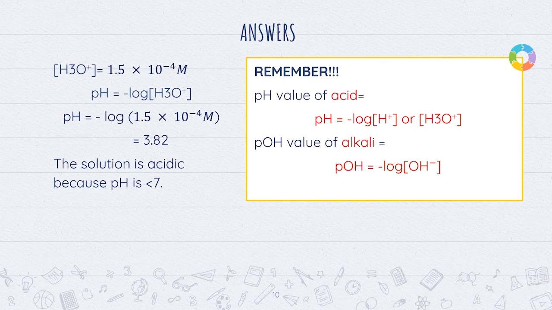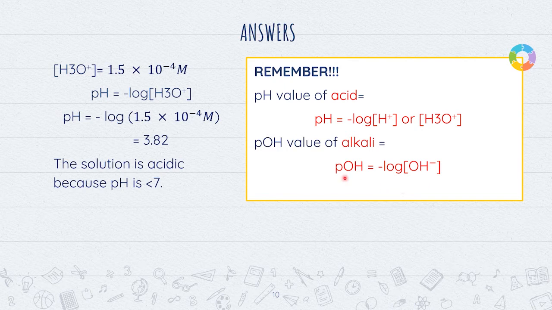But remember, while answering pH questions, if the question wants to find the pH, we can use the negative log of the concentration of hydrogen ion or the negative log of the concentration of hydronium ion. If the question wants to find the pOH value, we can use the formula pOH equals negative log of the concentration of hydroxide ion.